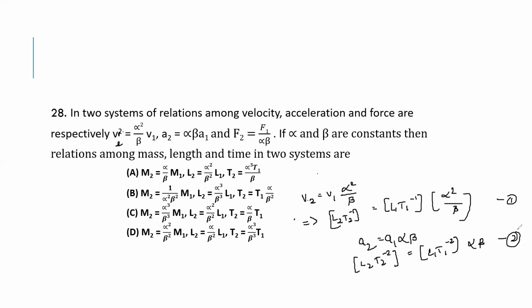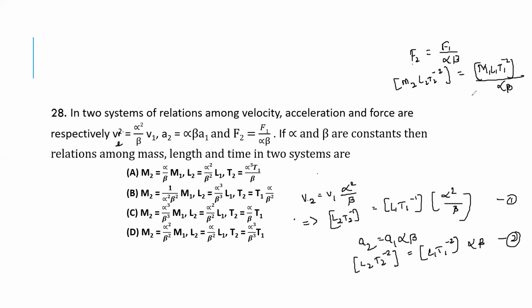Then from the other formula, here they have given one more formula, that is F2 is equal to F1 divided by alpha beta. That is M2 L2 T2 raised to minus 2 is equal to M1 L1 T1 raised to minus 2 divided by alpha beta.